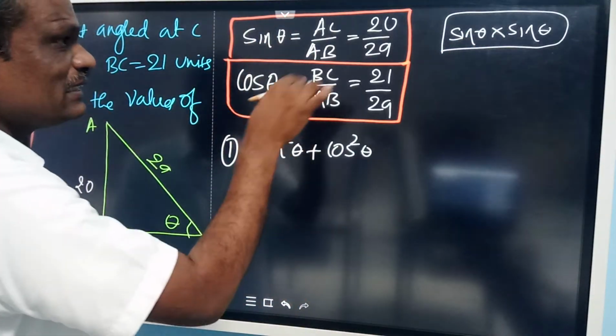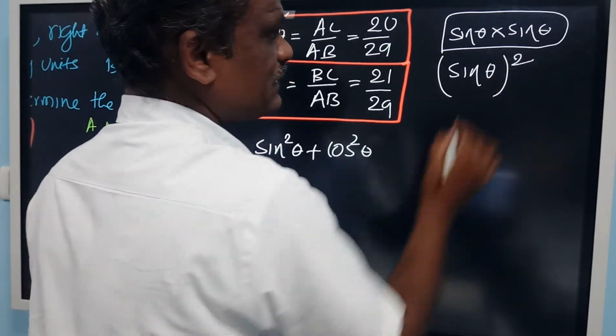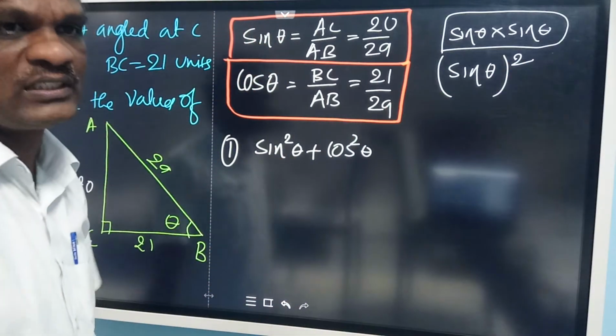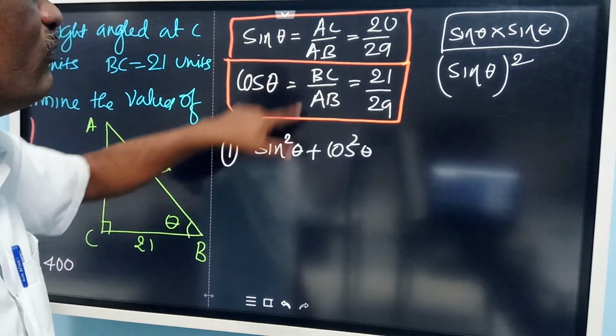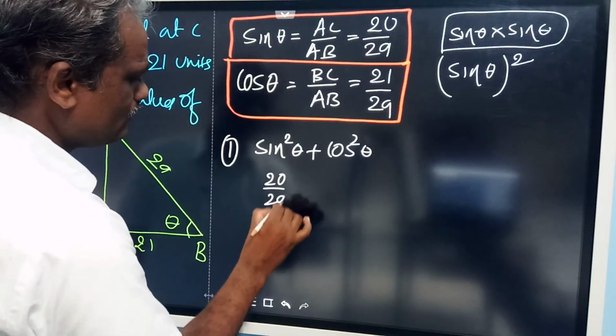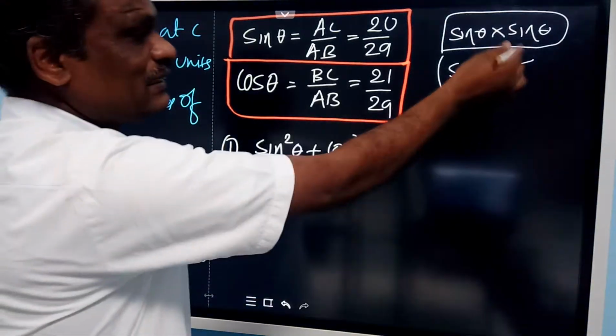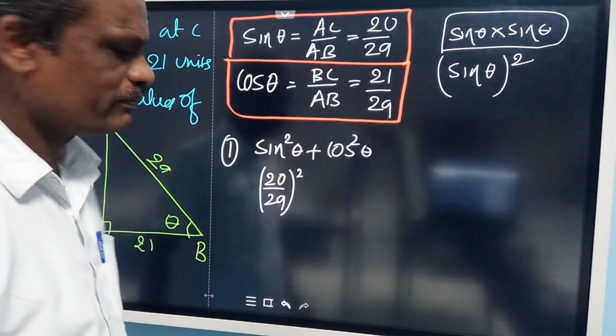So here sin theta whole square is nothing but sin square theta. What is sin theta? We got 20 by 29. So 20 by 29 whole square.